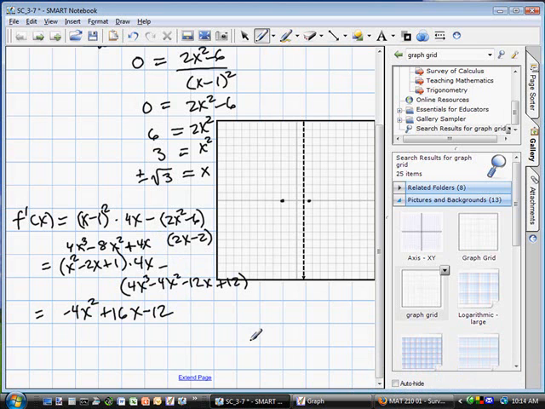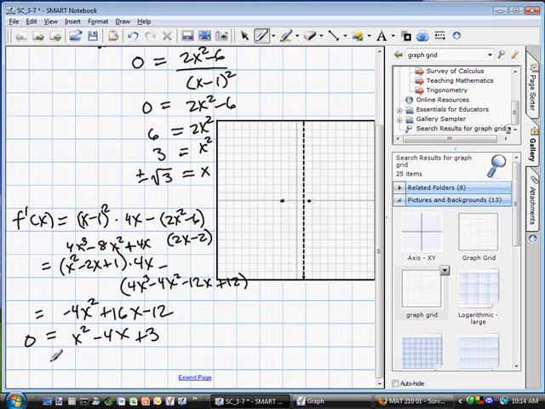Okay. All right. When is that equal to 0? We could divide through by 4. Actually, let's divide through by negative 4. Then we'll have a little bit nicer quadratic to work with. That'll give us x squared minus 4x plus 3.